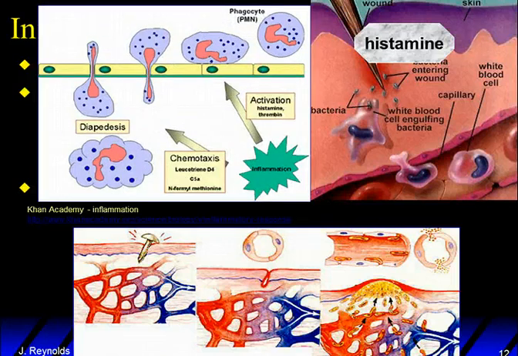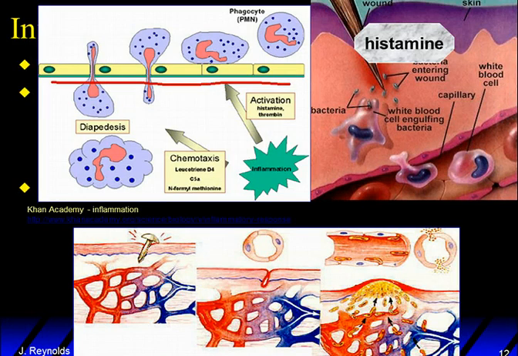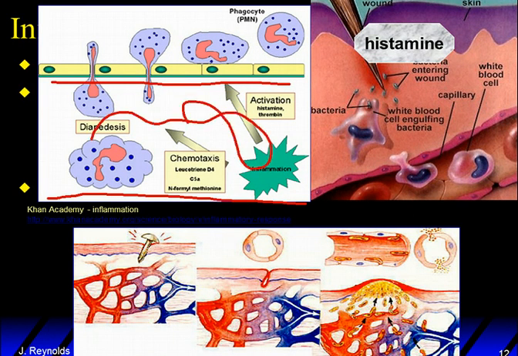All right. So right here you see a wall of a blood vessel. And here is the other end of the blood vessel. There's blood inside of here. And of course this is the traumatized tissue out there.